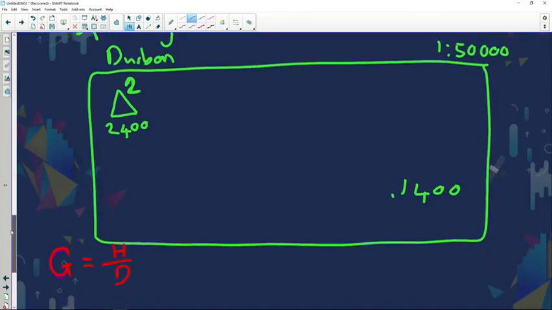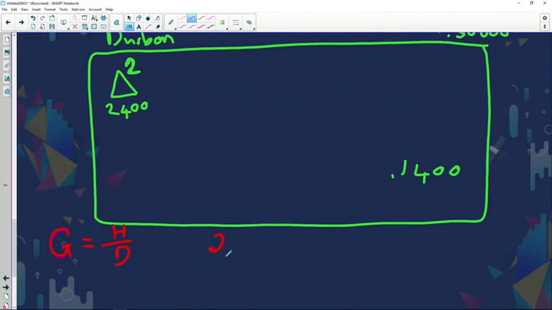And how would you do it? You subtract the lowest from the highest. So in this case, it's 2,400 minus 1,400. So we already established the height difference between the two references that represent height, the tree beacon and the spot height.